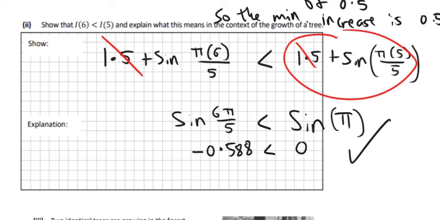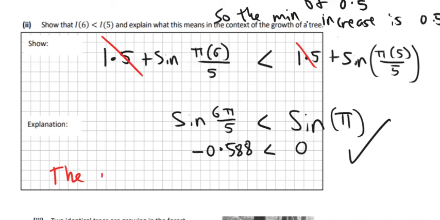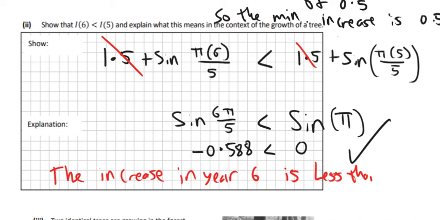This is all for year 5. So basically the increase in year 6 is less than the increase in year 5. And that's all you need to say.